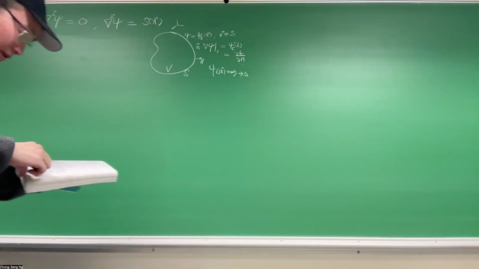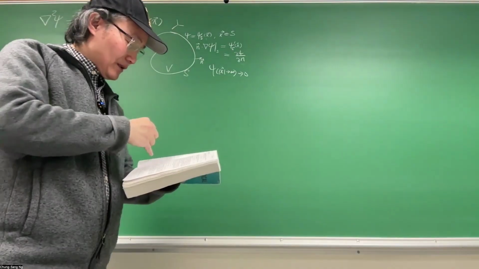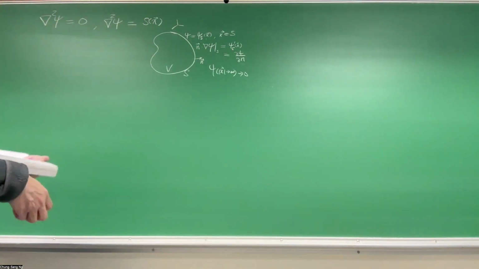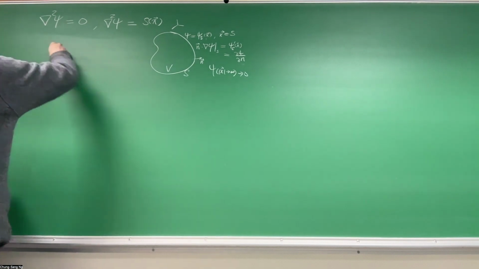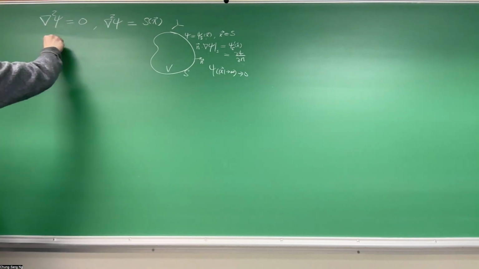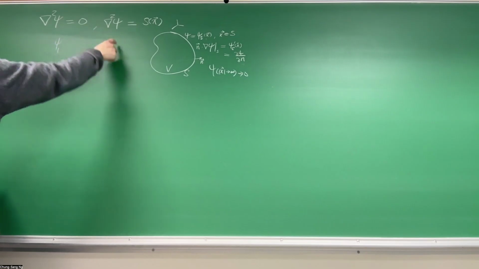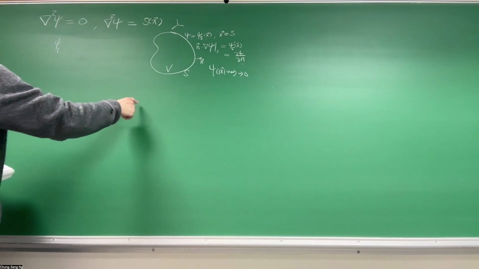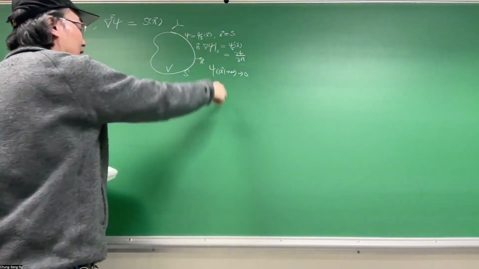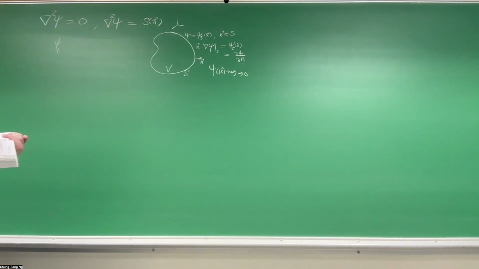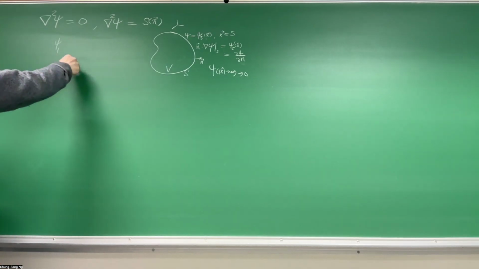This discussion in 9.5 is just about the property that if you found a solution, psi 1, that satisfies either the Laplace or Poisson equation and the given boundary condition, either Dirichlet or Neumann or mixed, then that's a solution psi 1.